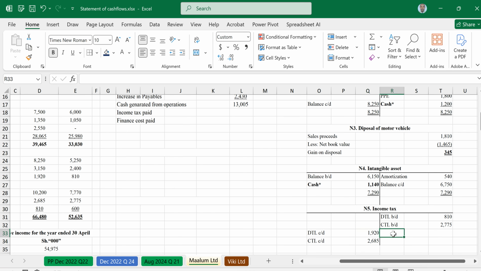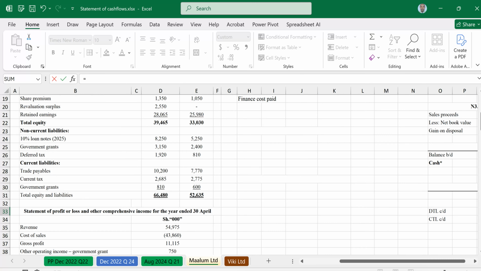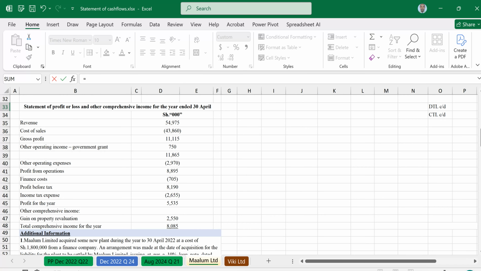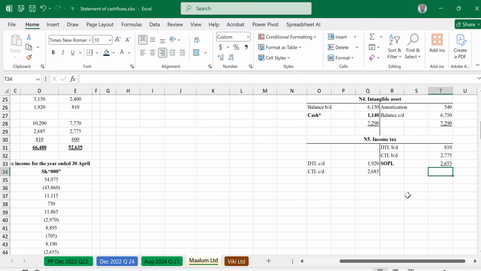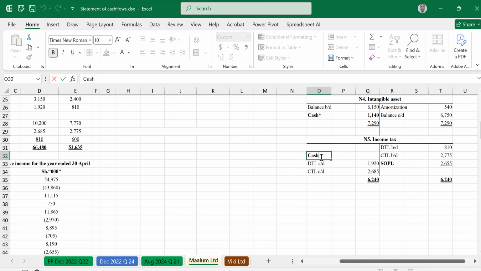Then I'll go to the SOPL. There's an amount that was put as tax in the SOPL. The amount of tax in the statement of profit or loss amounted to negative 2665. So you can see 2655. Then we sum up and get the total for tax. This will be the same as the other side, but now the difference will be any amount of cash that was paid as far as the taxes are concerned.